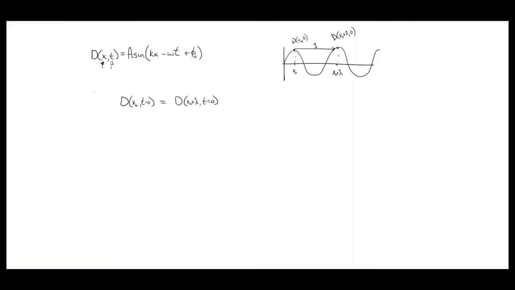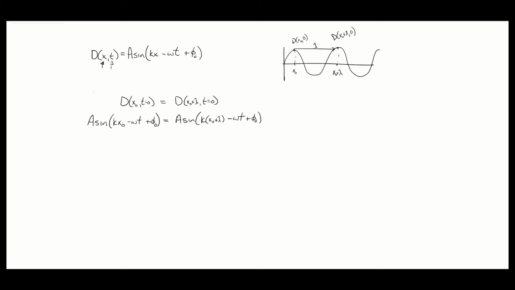So just plugging these into the equations, with this model, I would have sine of k x naught minus omega t plus phi naught. This has to be equal to the same function evaluated at x naught plus lambda, minus omega t plus phi naught.